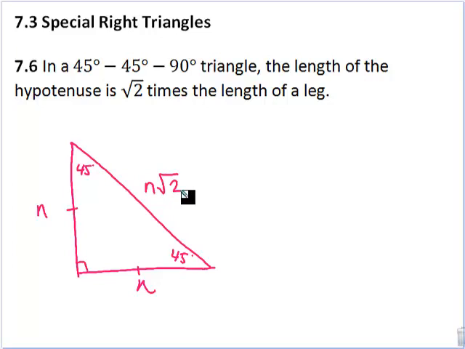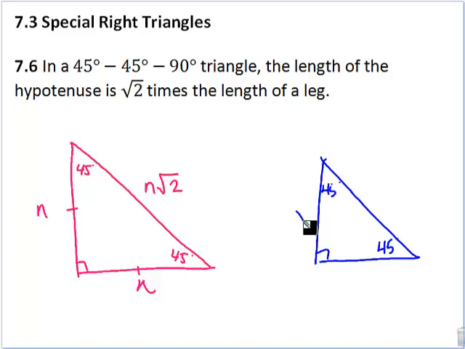Okay. Now how this helps us is if I give you a triangle that is a 45, 45, 90 triangle, and we want to find x and y with this side being 5. Okay? So what can you tell me about side x here? What would x have to equal? 5. X would have to be 5.